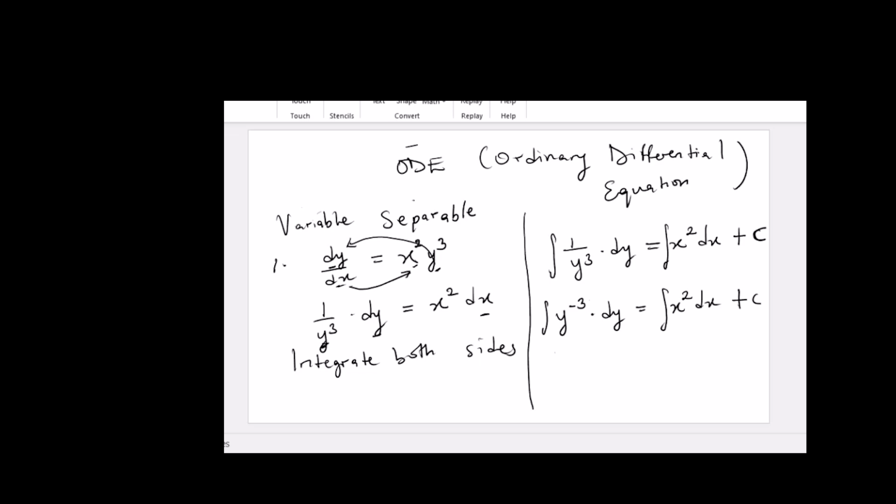So here you say y to the minus 3 plus 1, over minus 3 plus 1, equals x to the 2 plus 1 over 2 plus 1 plus c.